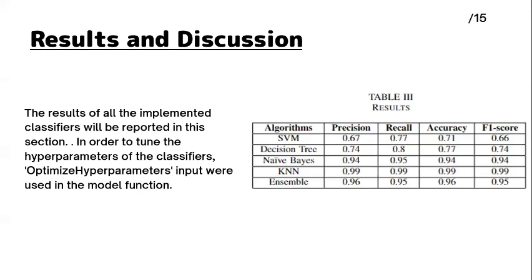As you can see, support vector machines and decision trees have low precision, F1 scores and accuracy scores, but naive Bayes, KNN, and ensemble learning have very high accuracy and F1 score, especially the KNN algorithm has 0.99, which is very close to 1.